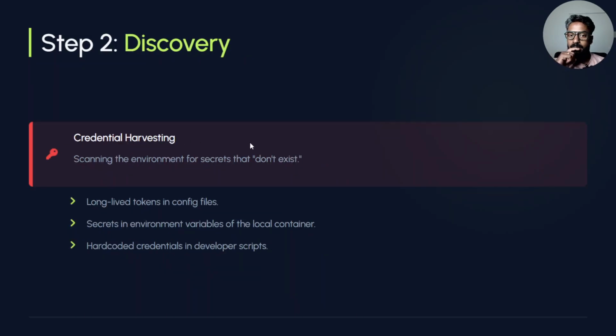Once they are inside, they look around. They look for configuration files or environment variables or any deployment scripts, and they find something, maybe a token, API key, or even stored credentials, right? It was never meant to be exposed, but it's there.